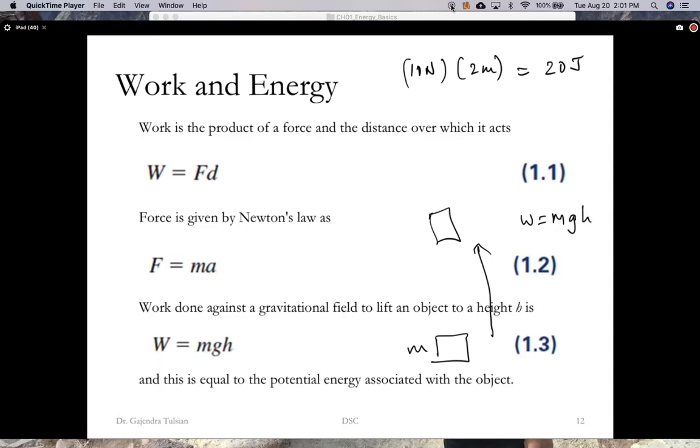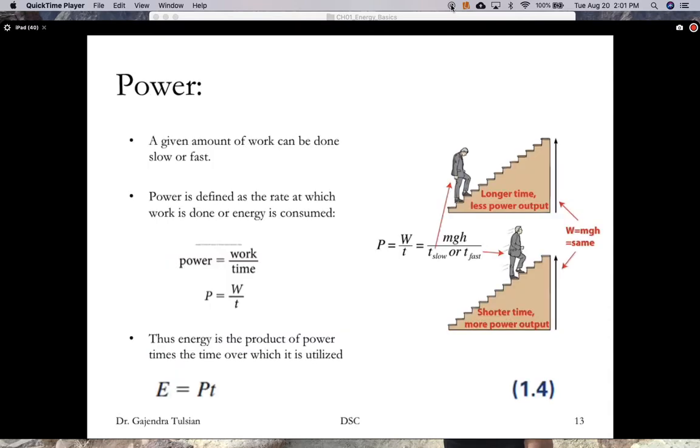That's what that formula says. We need to understand the concept of power. When you climb up a stair, you're lifting yourself up that height, and when you lift yourself or any object, you do work. The work you've done is m, your mass, times g times height.